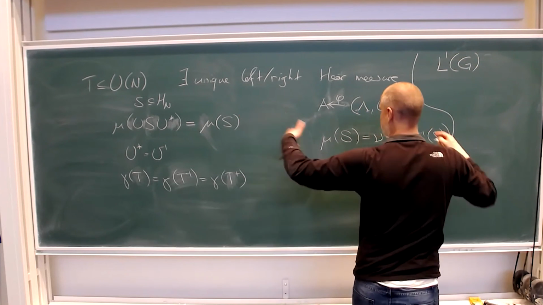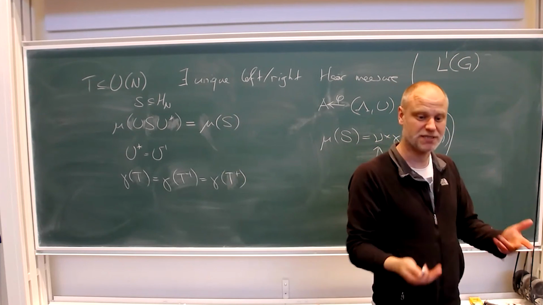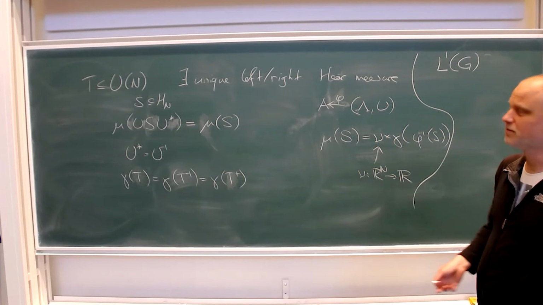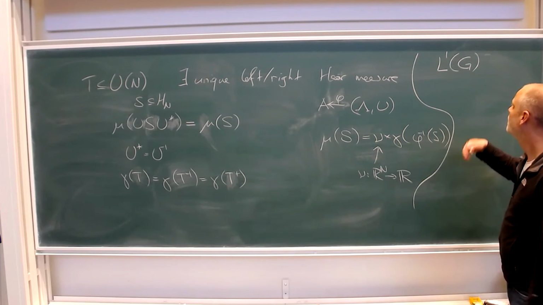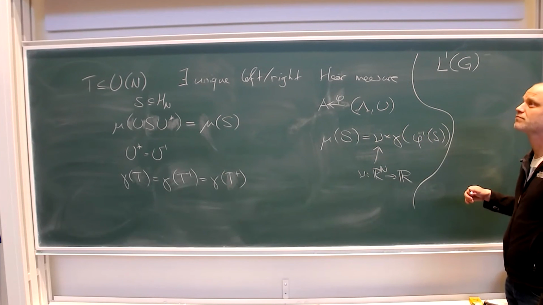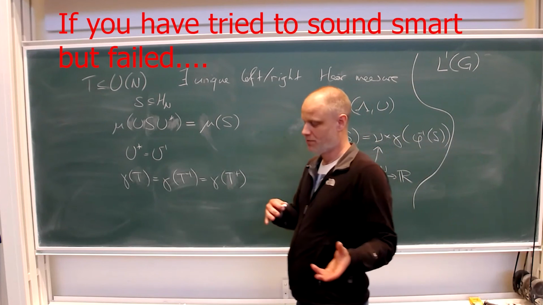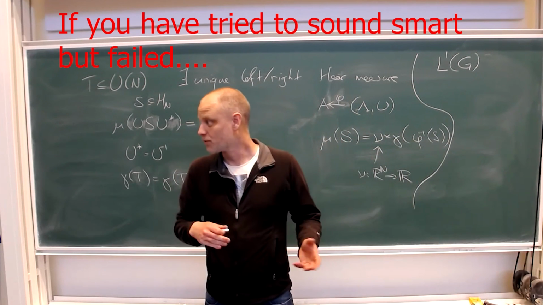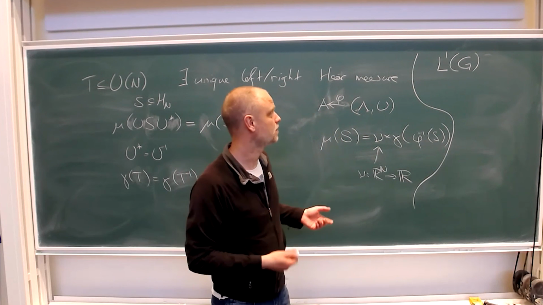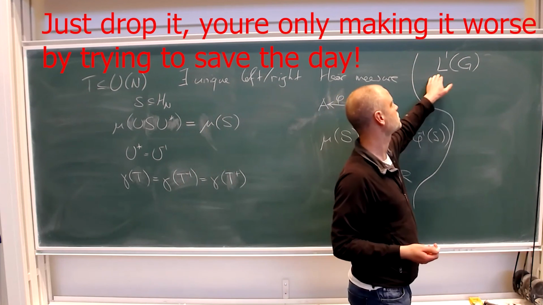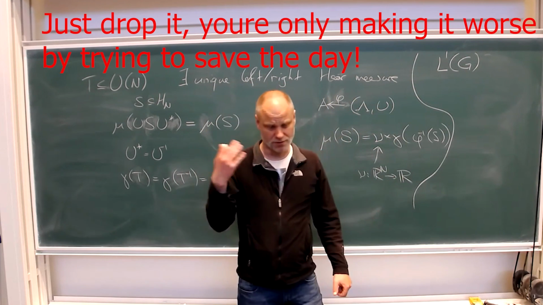So I was going to say that in this situation, this could be some probability density function, but then you actually need two to begin with. Yeah, so if you don't have a uniform probability, but you have your Haar measure, then you can look at some probability density function here.